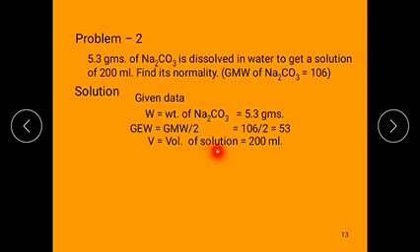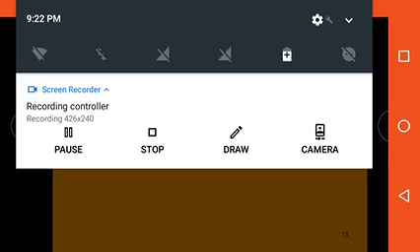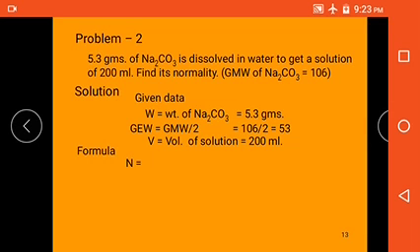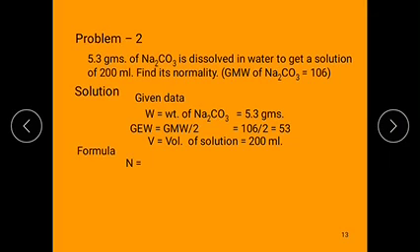Then the volume of the solution is 200 ml. From this we have to use the formula N equals W by GEW into 1000 by V, with V in milliliters.